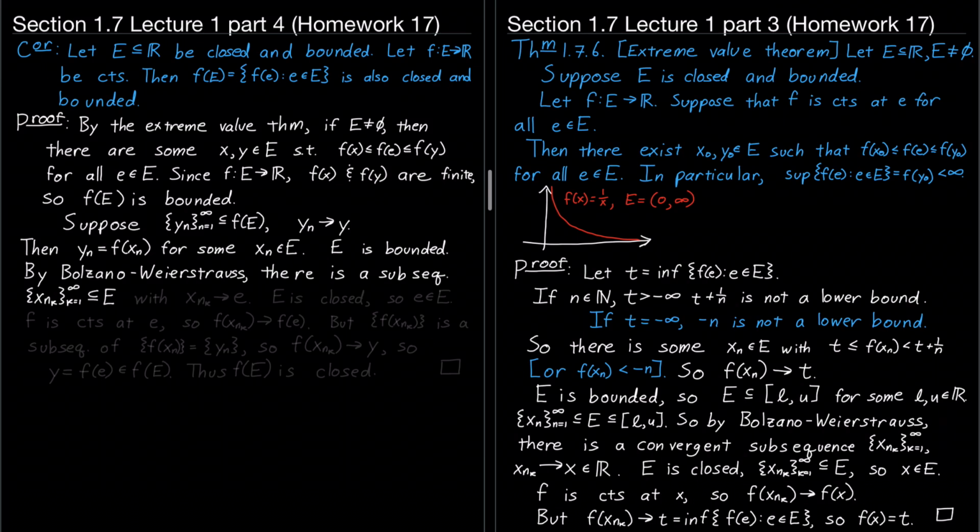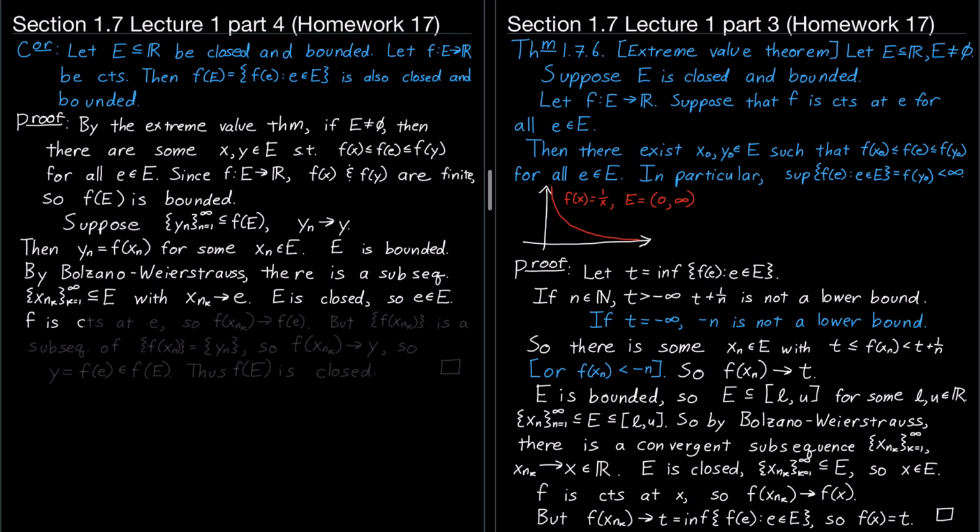Notice that this is also a subset of E, with x_{n_k} converging to, actually I'm going to name the limit e instead of x because I've already used x for the lower bound back when we were showing this was bounded. And then E is closed, and a subsequence is a sequence. So we've got a sequence in E that converges to e. So our little e, our limit point, is in E.